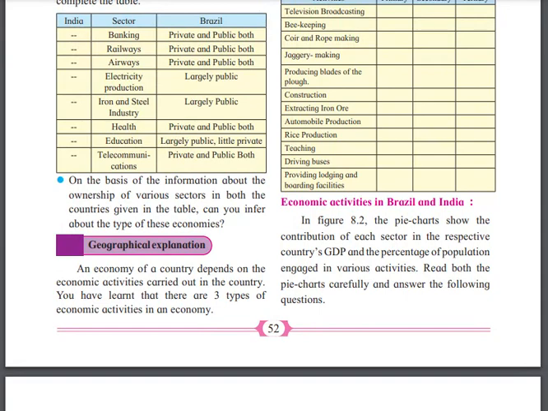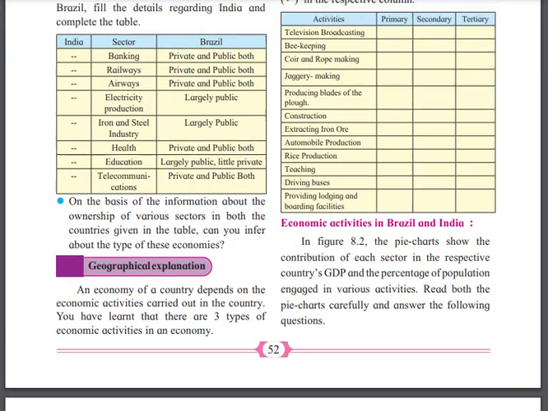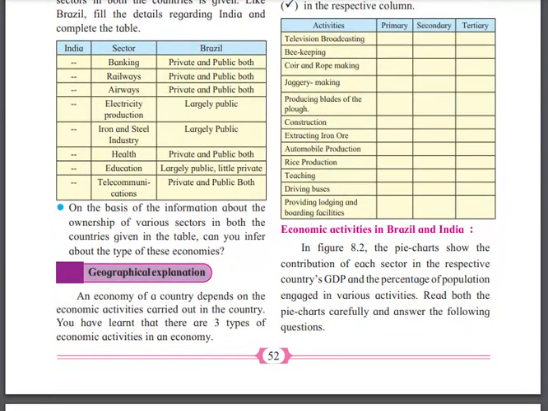A country's economy depends on the economic activity carried out in the country. For example, the Indian economy depends upon what kind of economic activity is carried out in our country. You have learned that there are three types of economies: socialist, capitalist, and mixed economy. You have learned this in the 9th standard also, right?